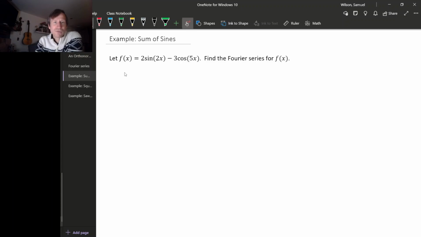So to start out with, remember what we need to do is calculate the inner product of this function with each of the basis elements, the constant function 1, and then all of the sines and cosines. So let's look at one inner product with f. Okay, this is the integral from 0 to 2 pi of 1 times 2 sine 2x minus 3 cosine 5x.